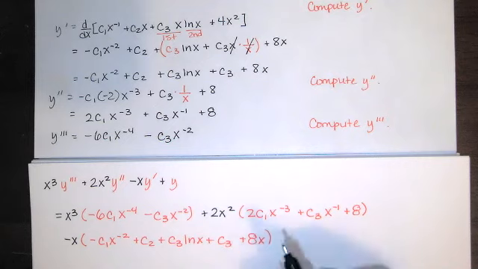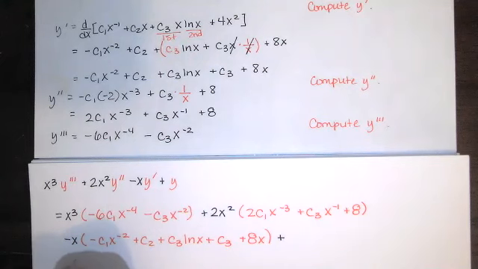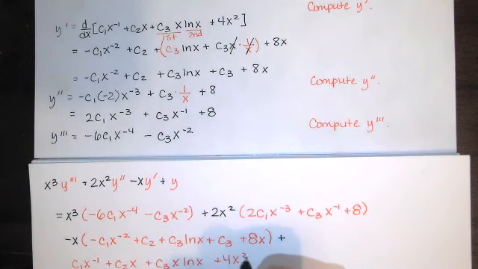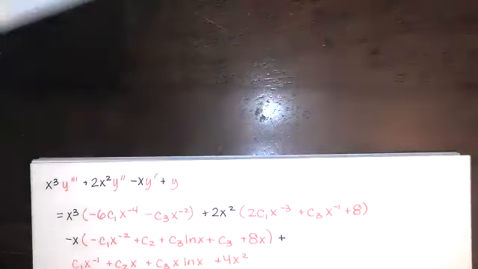And then the last thing is just this plus y, and y is the original function. So we'll say plus c1 x to the negative 1 plus c2x plus c sub 3x times natural log of x plus 4x squared, excuse me.